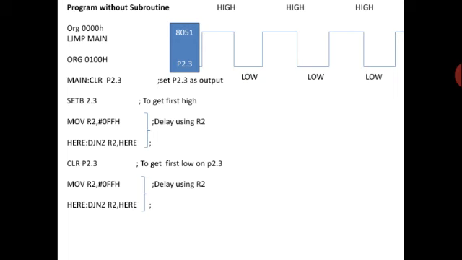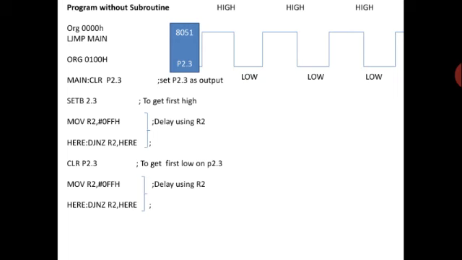The processor is involved only with this operation. Until then, there will be no change in pin P2.3. P2.3 remains high until these two instructions are completed. Once they are completed, you change the status to low.